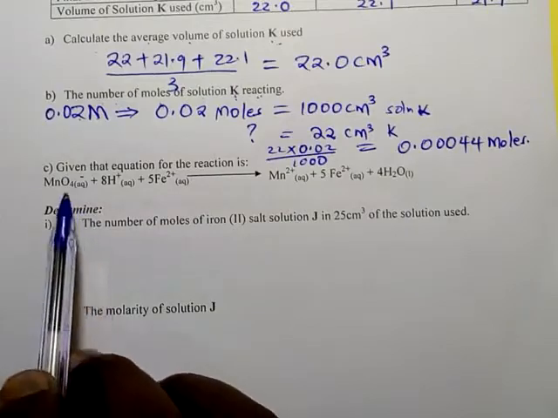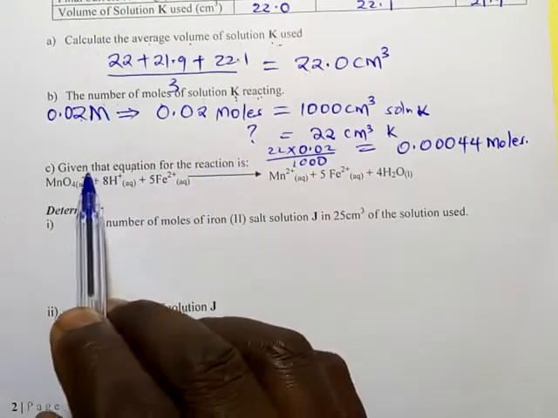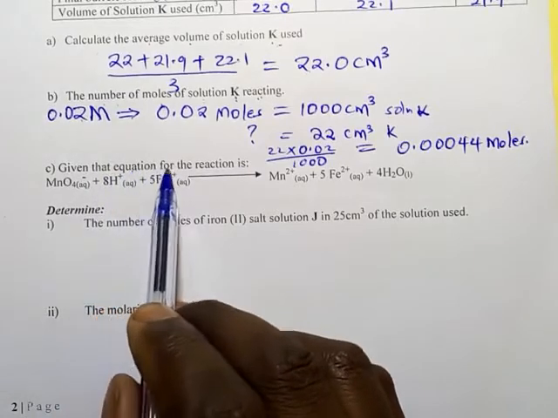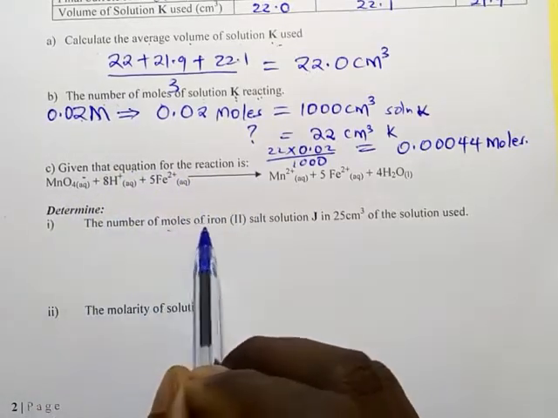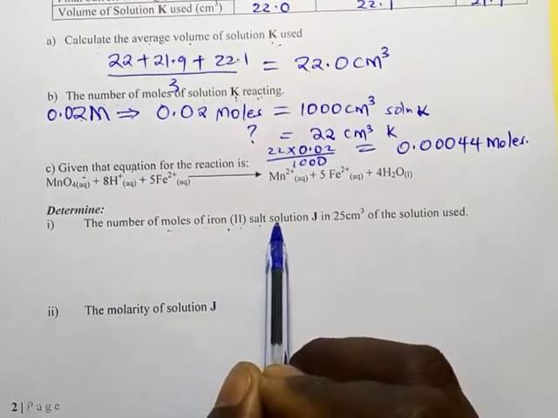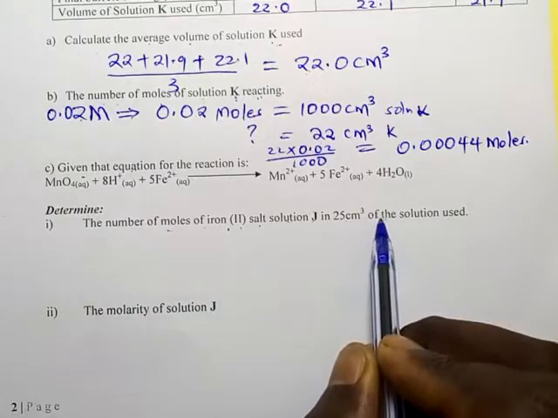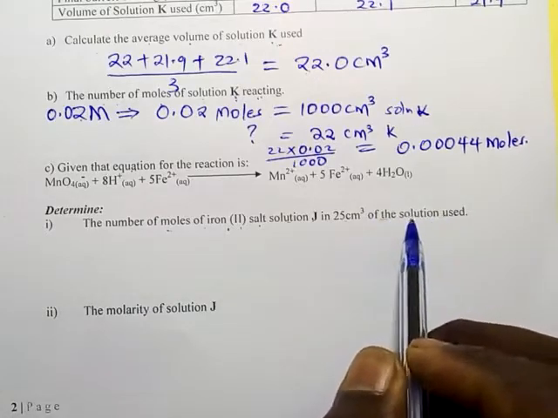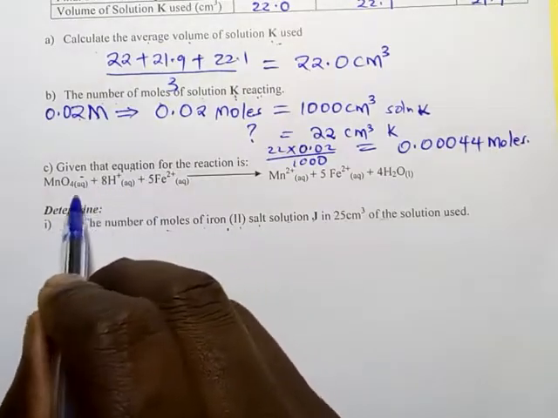Given the equation for the reaction, determine the number of moles of iron(II) salt solution J in the 25 cm³ of solution used. Now, let us first interpret this.